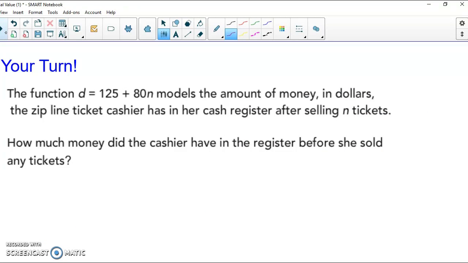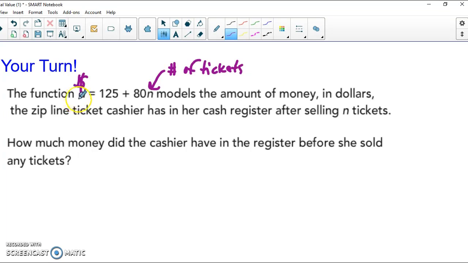All right, your turn to try this out. The function d equals 125 plus 80n models the amount of money in dollars, so my d stands for dollars, the zip line ticket cashier has in her cash register after selling n tickets. So n stands for the number of tickets that have been sold.